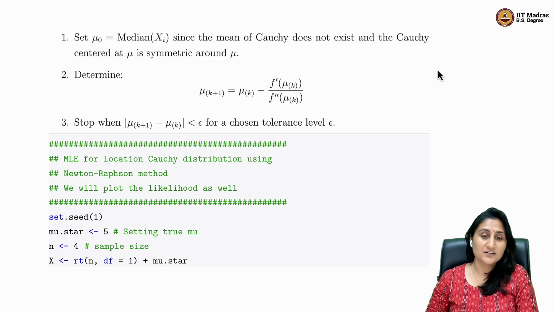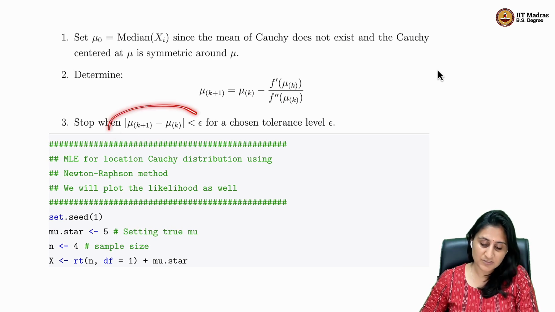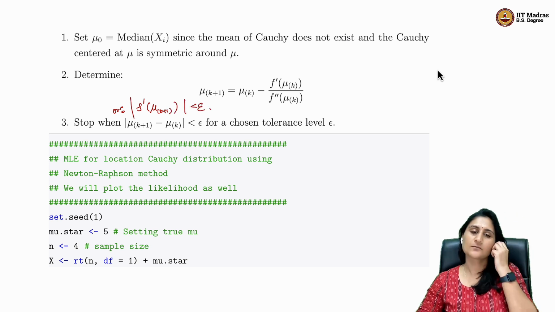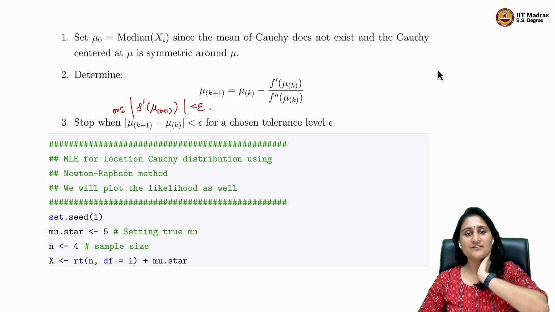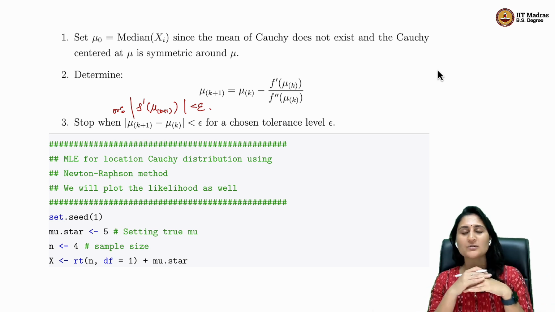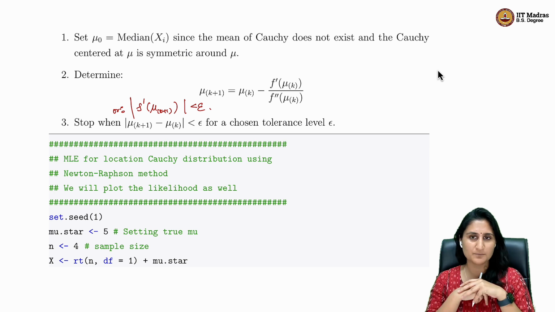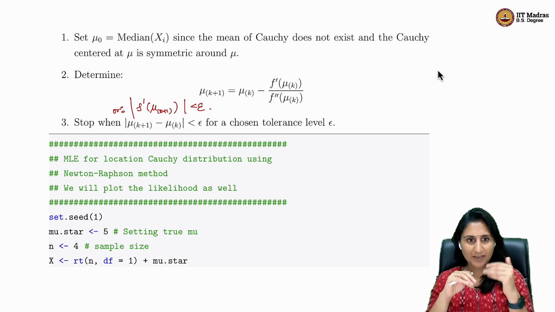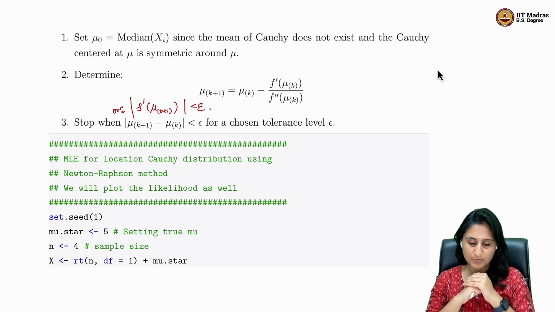We stop when the update size of the mu's is smaller than some tolerance, or, and this is what we end up using, if f prime at mu k plus 1 or mu k is less than epsilon. If the first derivative is close to 0, we know that we've come sufficiently close to where we want to be because we've reached an optima, and so we can stop generating our sequence.